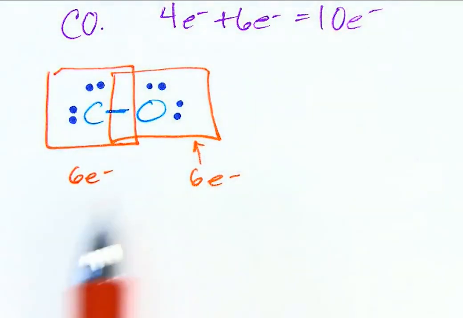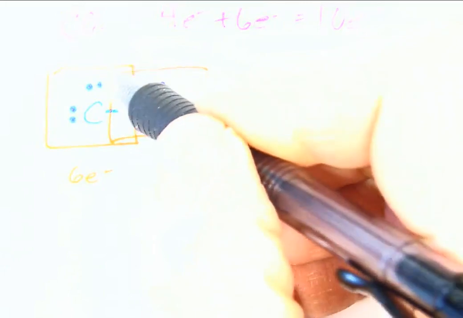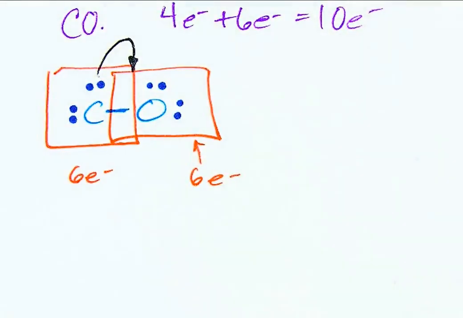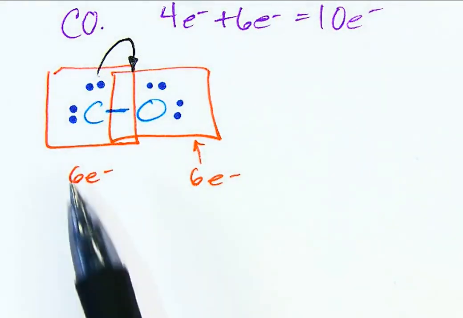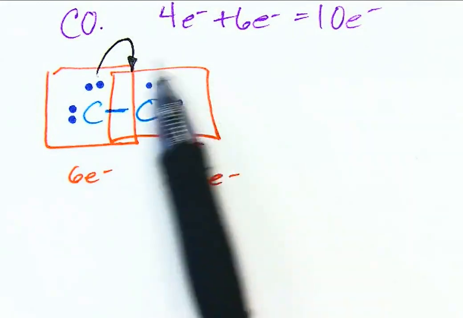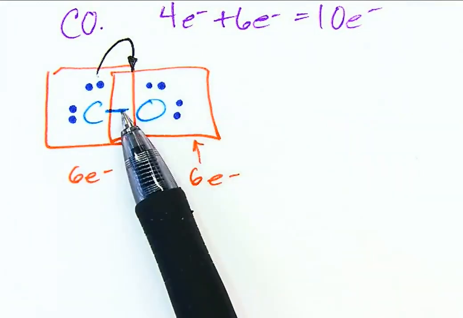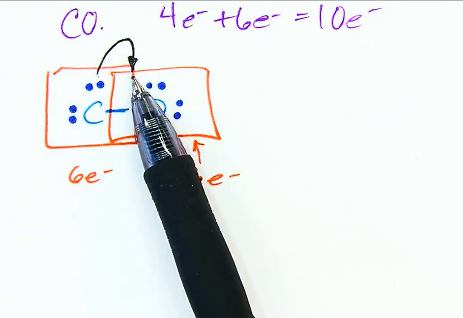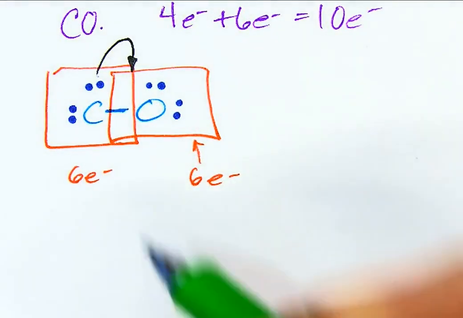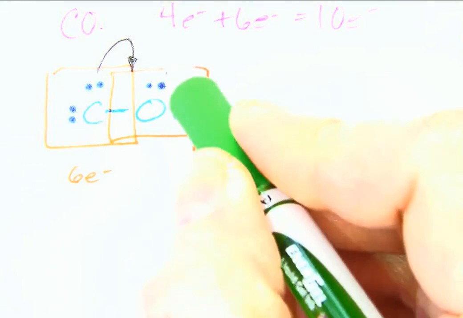We did use up 10 electrons, but we need to have an octet around each one. So what happens is this. The carbon can share its electrons and still have its total number, 2, 4, 6. That oxygen then will gain, it'll have 2, 4, 6 plus those 2, that'll be 8. But it could also be that the oxygen decides to also share.